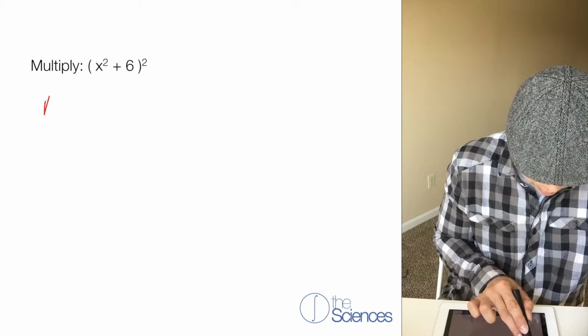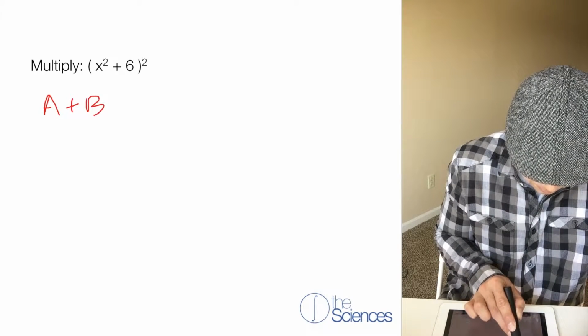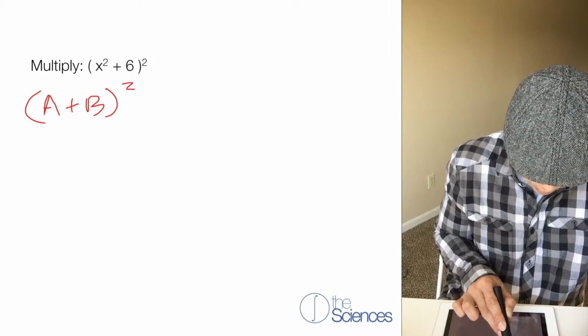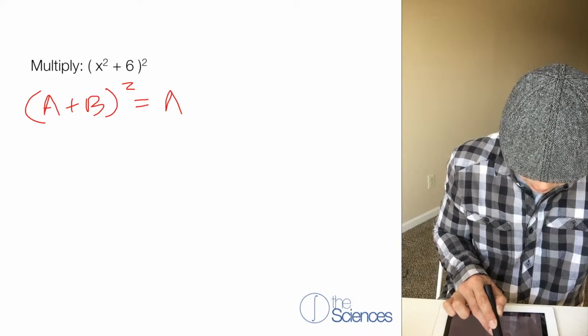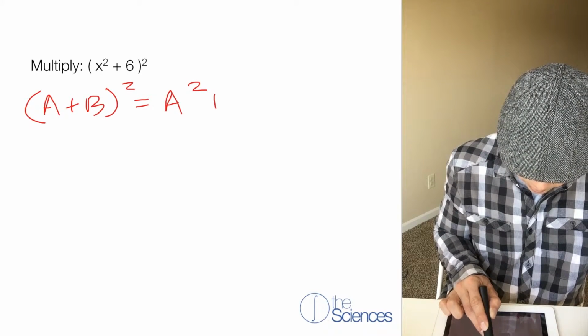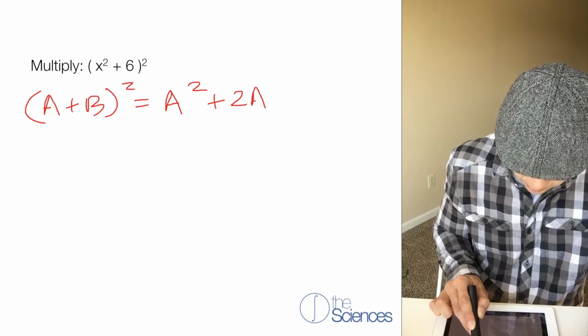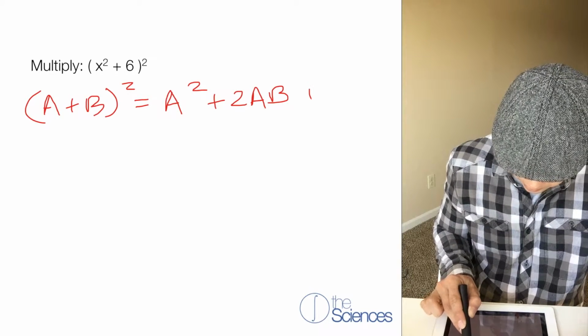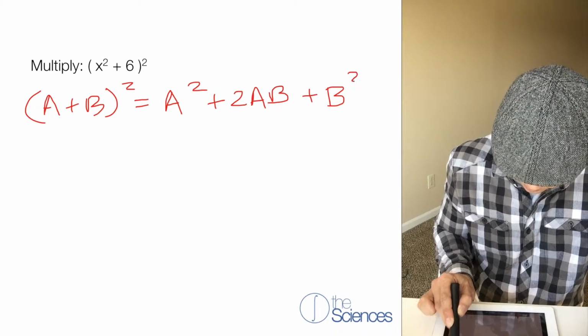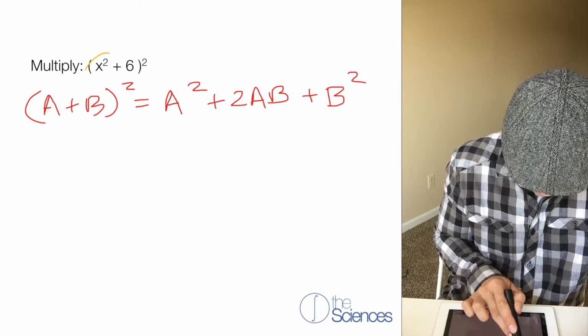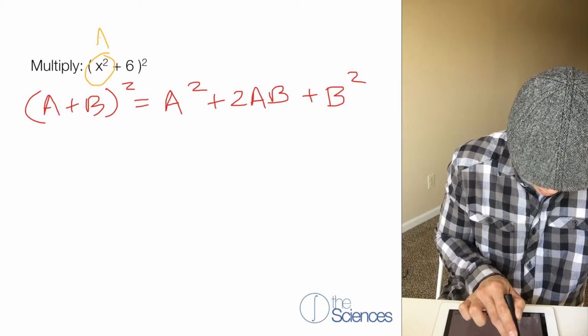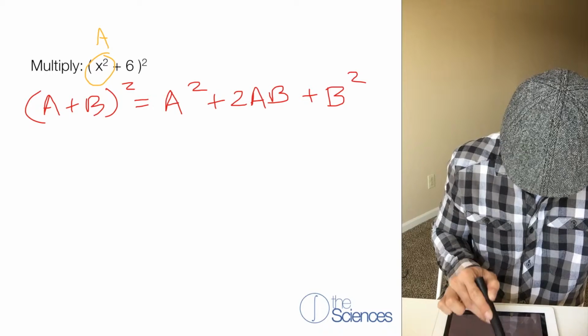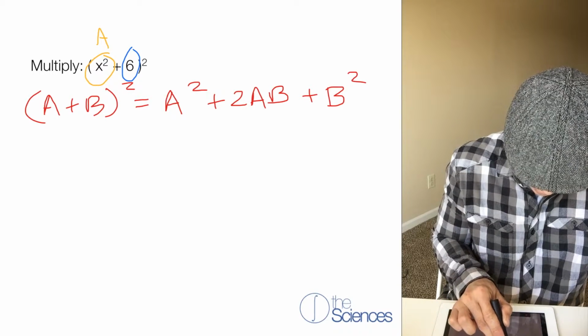So we know that a plus b squared equals a squared plus 2ab plus b squared. So here, this is our a, and this is our b.